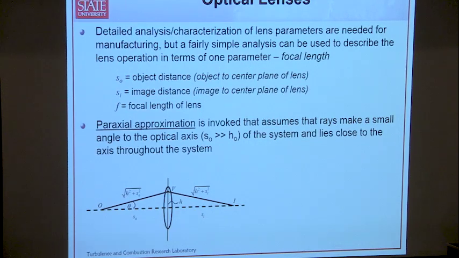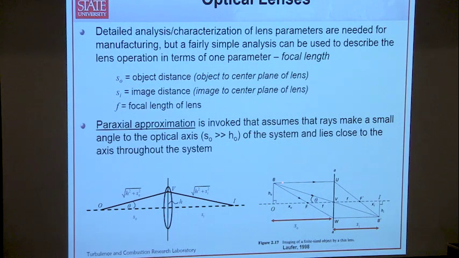This allows us to do a lot of small angle approximation, okay? And in the same way, now this represents the schematic of bringing stuff from a point O.